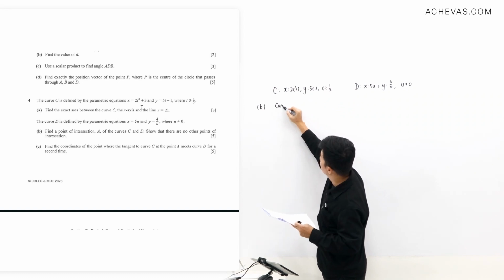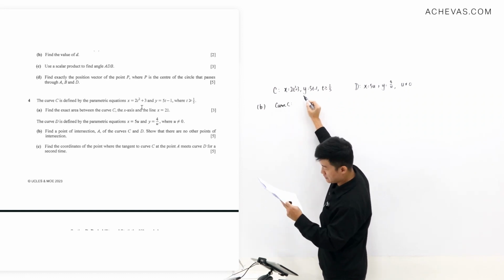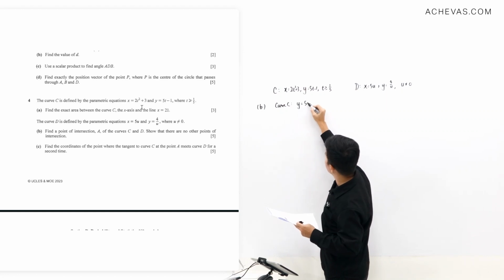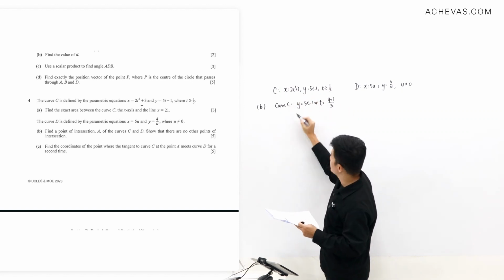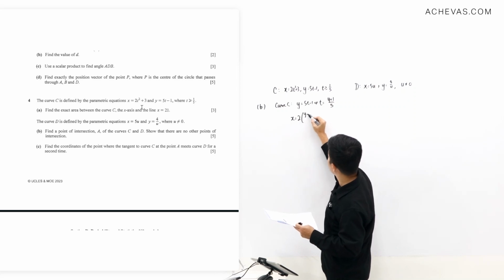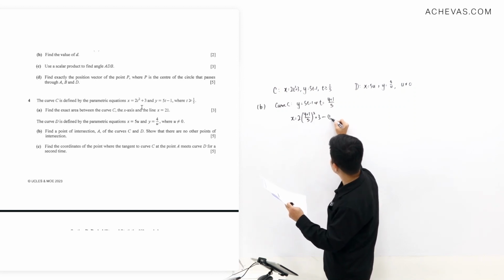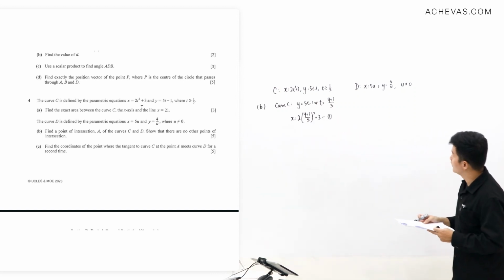For curve C, okay, if I were to start with y, which is 5t minus 1, this tells me that t is going to be equal to y plus 1 over 5. Substituting this back, x is going to be equal to 2 times (y plus 1 over 5) squared plus 3. This, I'll call equation number 1.